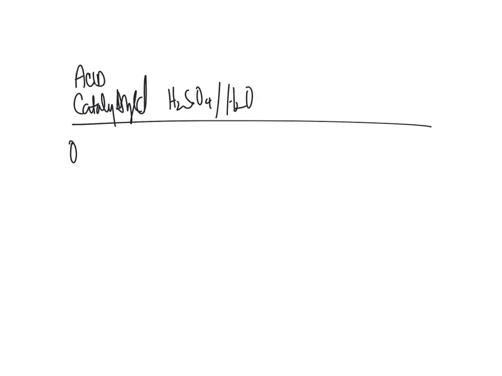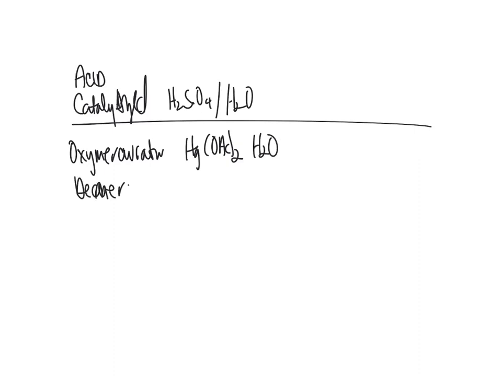The other one was oxymercuration. That's with mercury acetate and water. And then you have to do a second step, demercuration, and that is sodium borohydride, and that replaces the mercury.